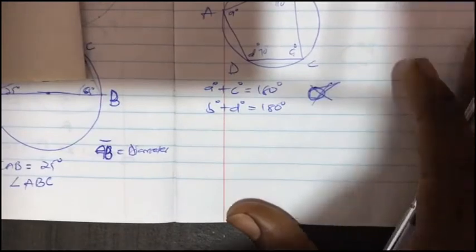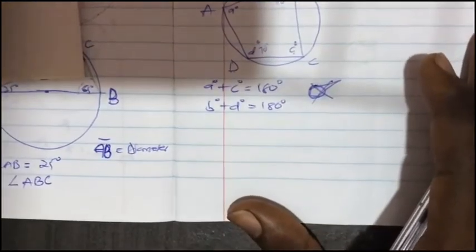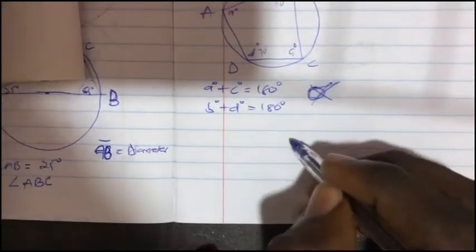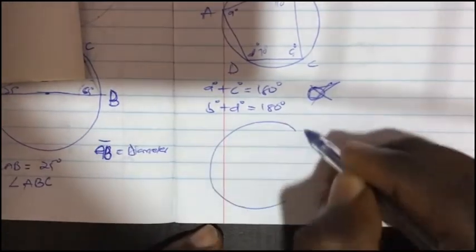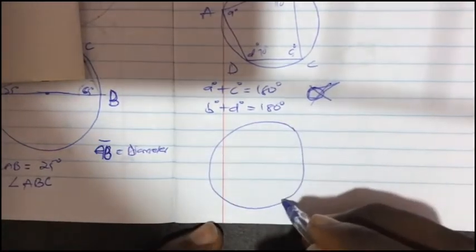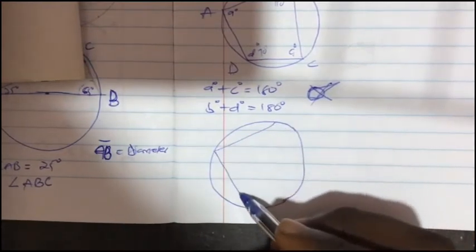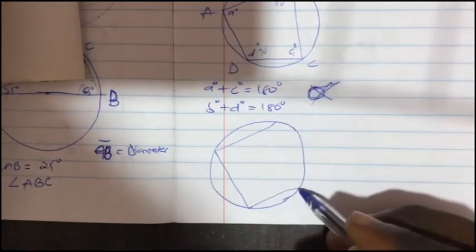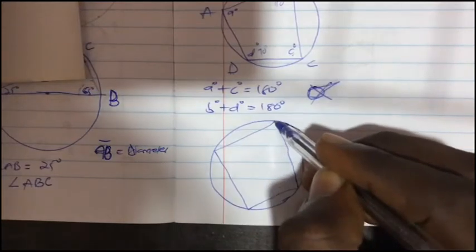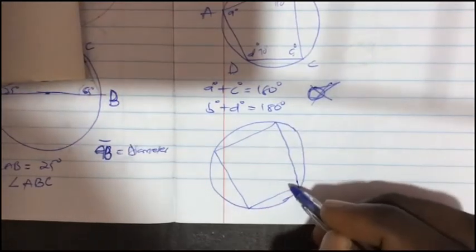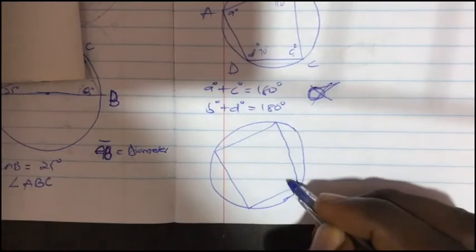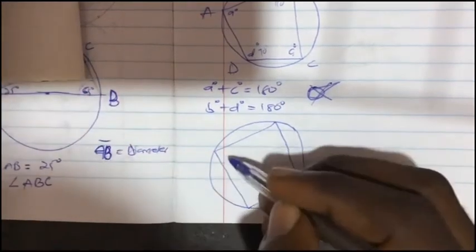Let's say you have a circle here, and we have a cyclic quadrilateral. This angle is, say, 30 degrees, and you're supposed to find, say, x.